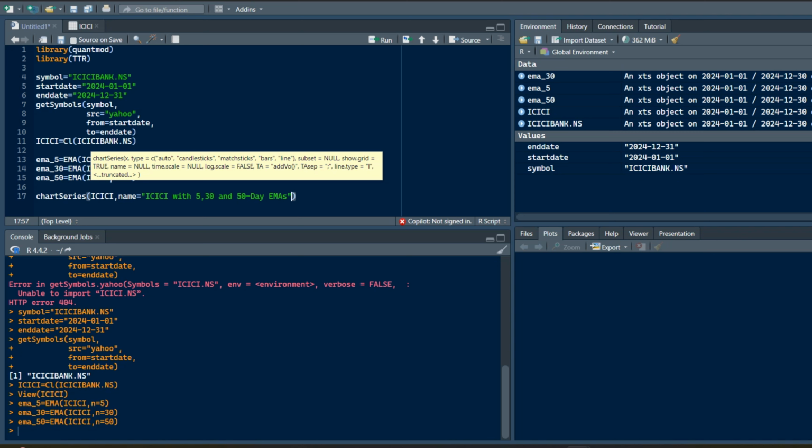That will be the title, comma, the theme, that is a background color.